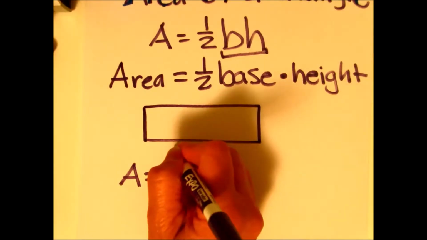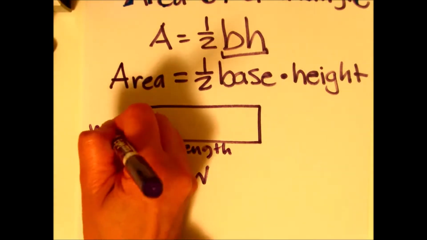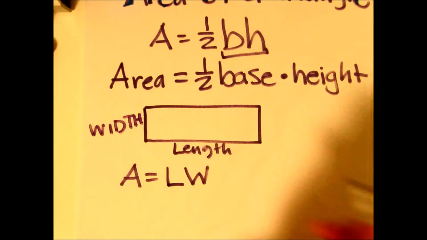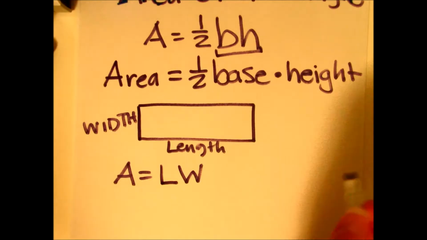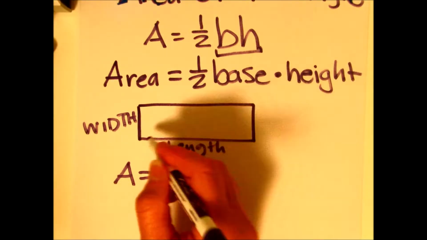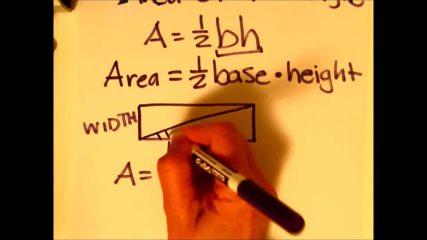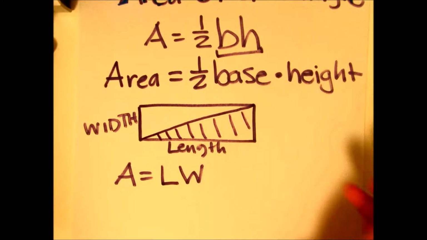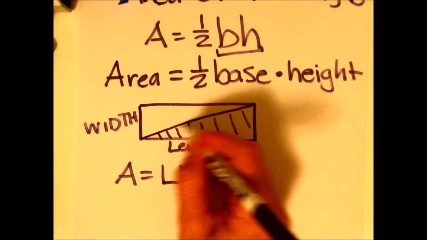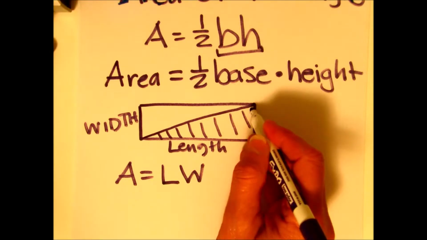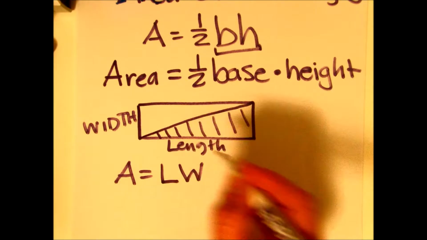And so we can call this the length and this the width, although with a rectangle, it really doesn't matter which side is which. And if I were to cut this in half diagonally, like from here to here, I would have a triangle. So if I wanted to know the area of just this triangle here, that would be half of the area of the full rectangle.